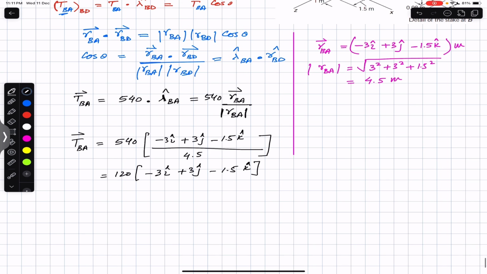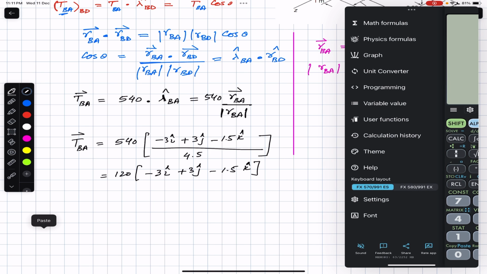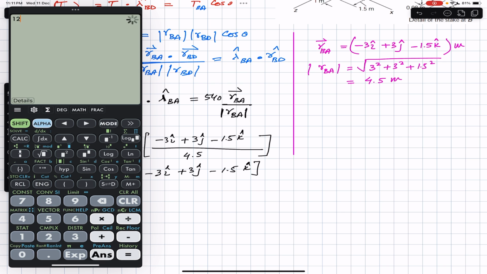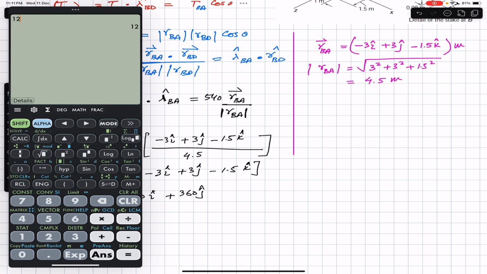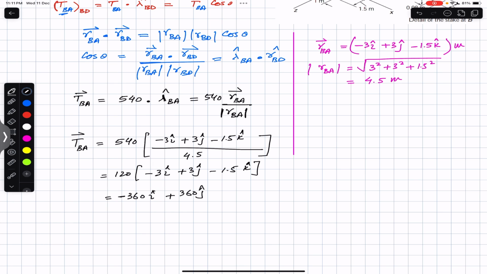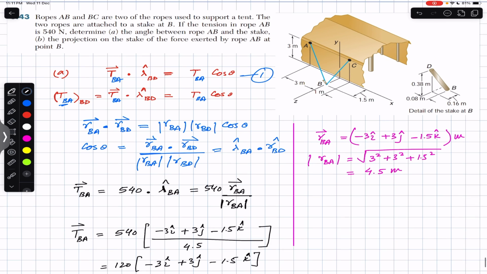If I multiply this 120 inside, 120 times 3 is 360, so this is 360i plus 360j, and 120 times 1.5 gives 180, so minus 180k. Okay, so this is the tension in rope BA from B to A. This is the Cartesian vector representation of the tension in that rope.